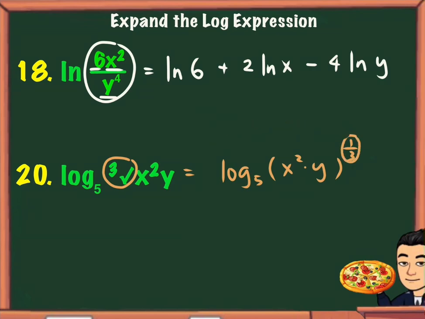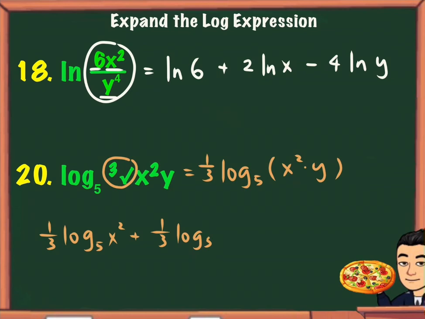Okay, so if it's brought to the front, you're going to put 1/3 in the front as a coefficient. Now we can go ahead and expand it. So it's going to be 1/3 log base 5 x squared plus 1/3 log base 5 of y.